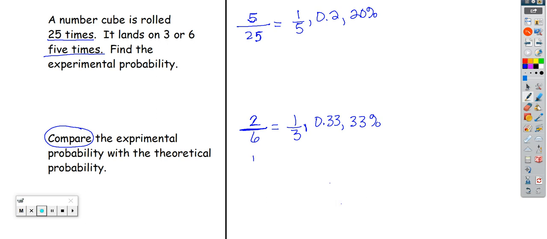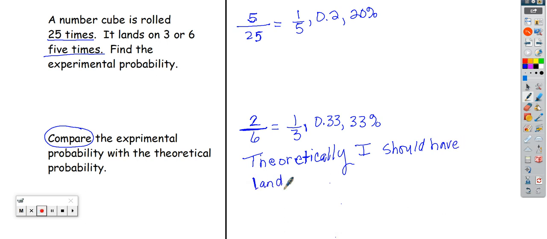So theoretically, math said I should have landed on a 3 or 6, 13% more times than I did, right?